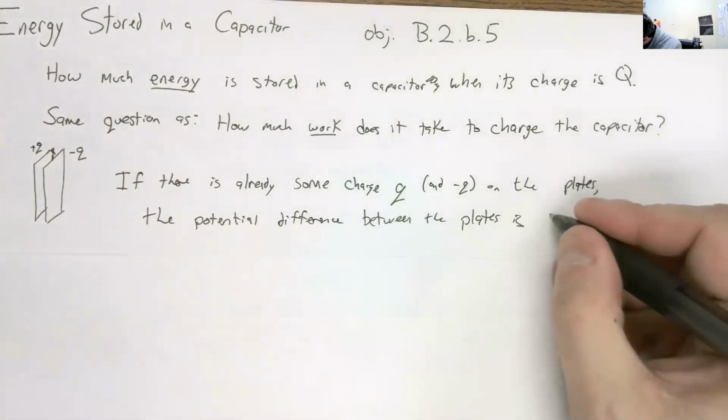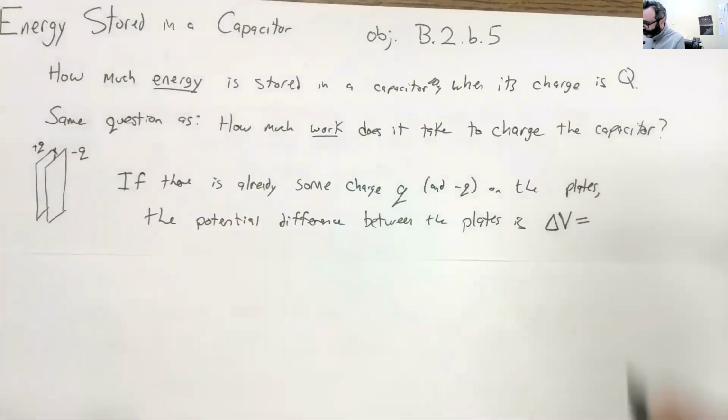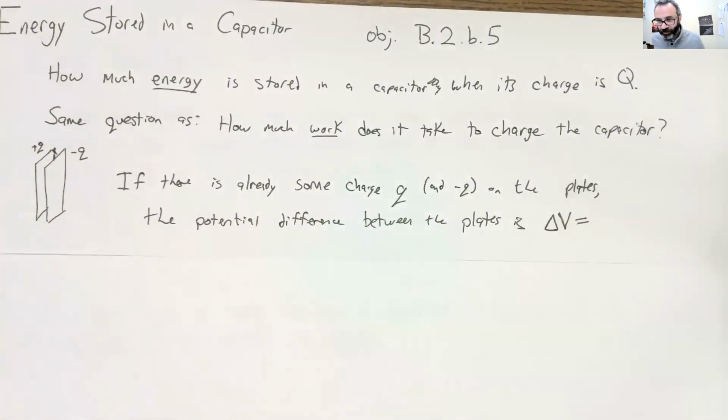Does anybody remember? What's the potential difference between two plates? What's the equation we derived last time? The integral of, and that was just E times distance. Okay, that's true, you're right. But let's say we don't know what the electric field in between the plates was.